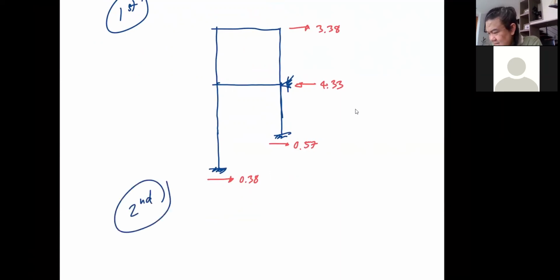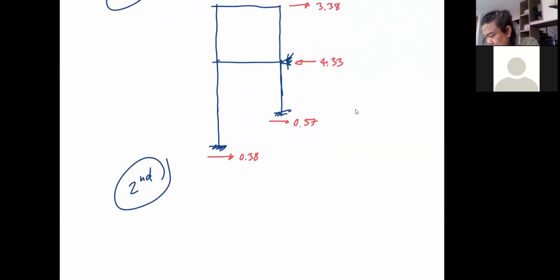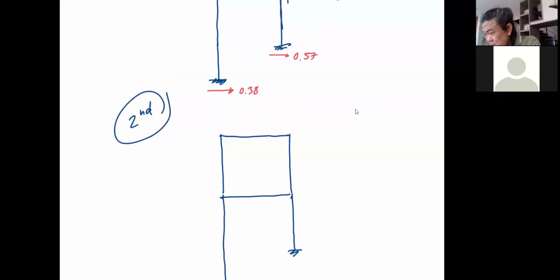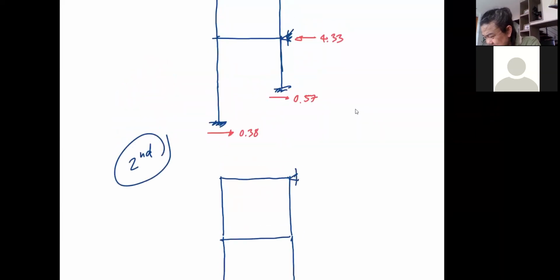So from the second case, now you have something like this. Second case where you brace here, right?